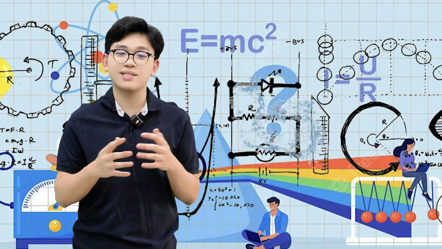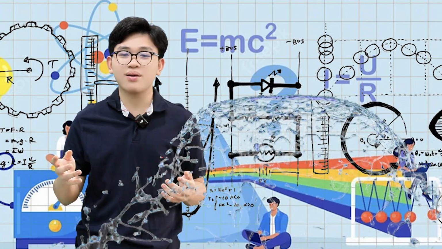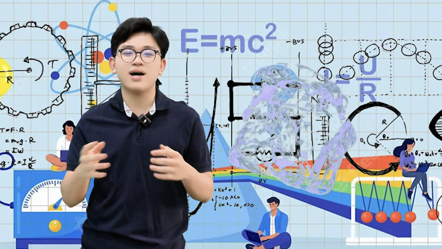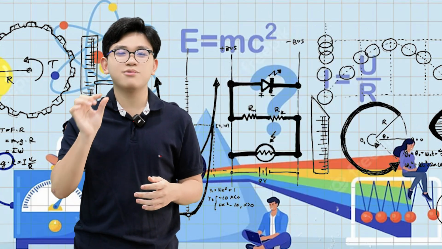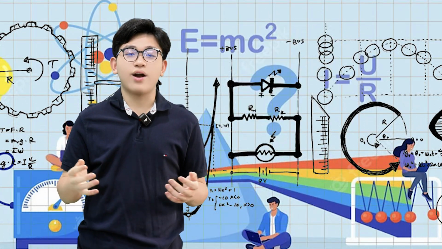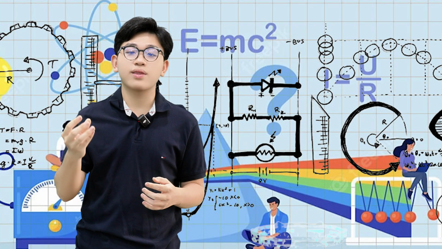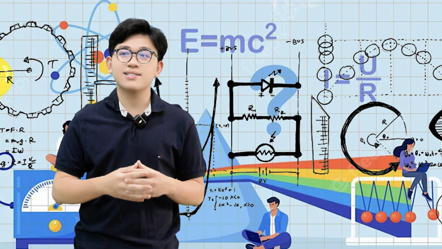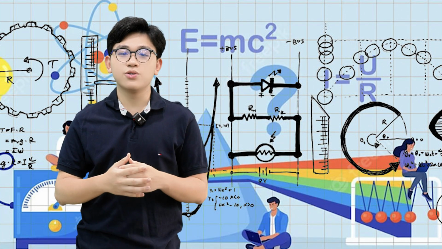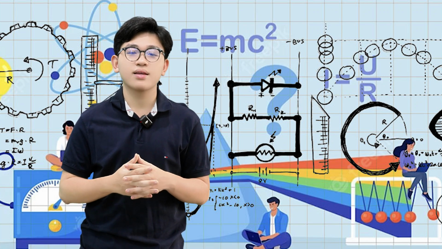Same goes for fluids. Fluids are dynamic, meaning there's a lot going on inside them all the time. To keep it simple, we're going to make a few assumptions. For our examples, we're going to pretend the fluids we're working with are incompressible, meaning their density always stays the same. We'll also assume that the fluids flow smoothly with no viscosity.